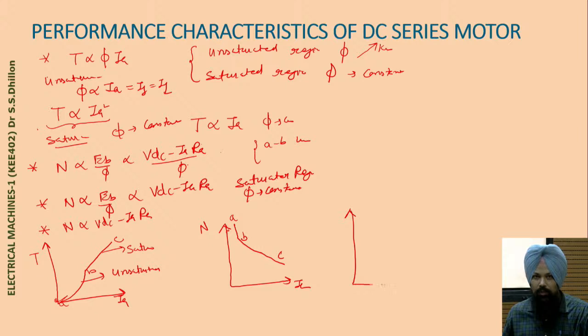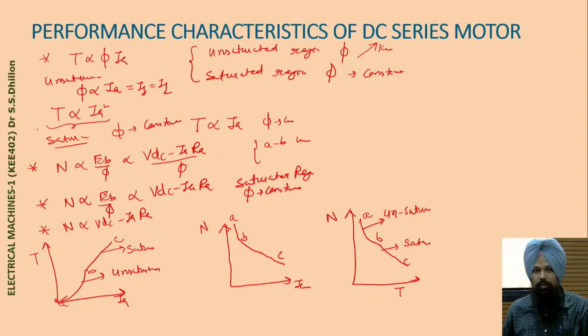And the last curve we have is between the speed and the torque like this. Again we have the same configuration: A to B is the unsaturated region, and B to C is the saturated region. So these are the performance characteristics of a DC series motor.